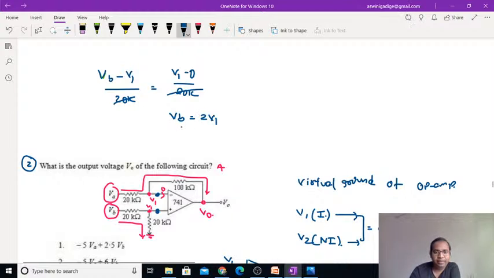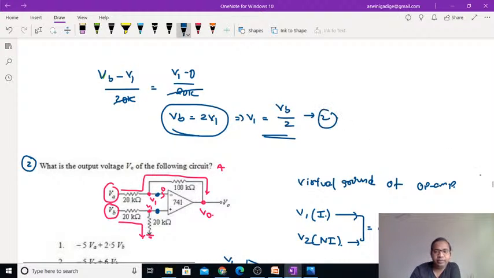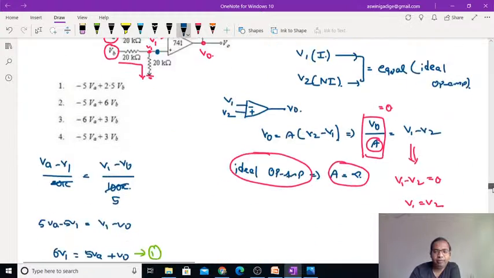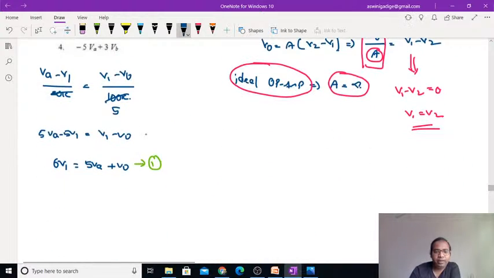Yes, Akshaya. So VB is equal to V1, and V1 can be written as VB by 2. So let's take it as equation number 2, that is V1 is equal to VB by 2. I am just substituting here V1 as VB by 2 is equal to 5VA plus V0, and both these two here get cancelled.